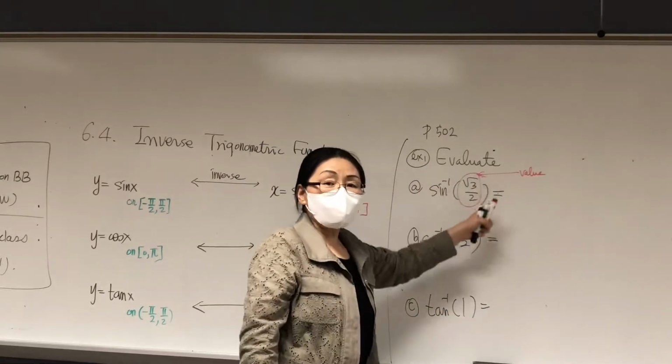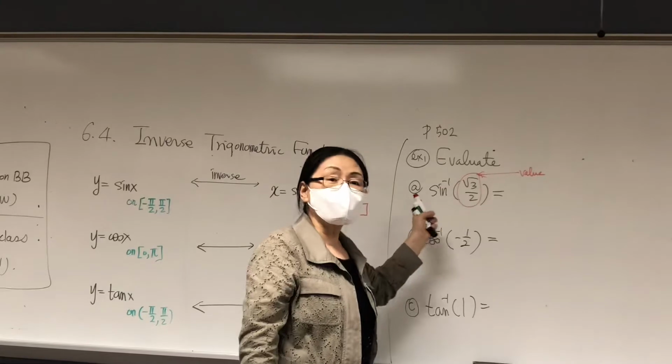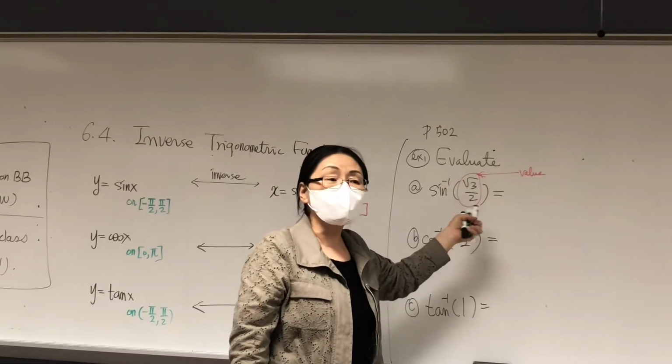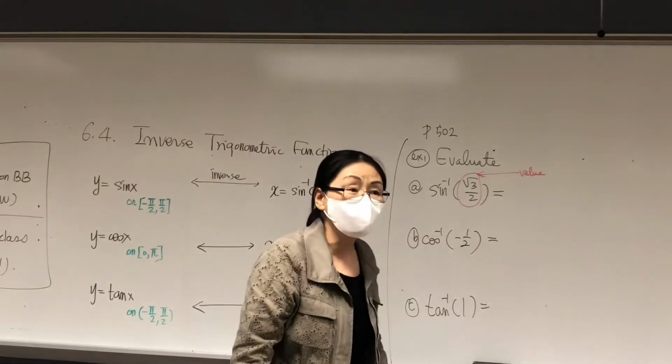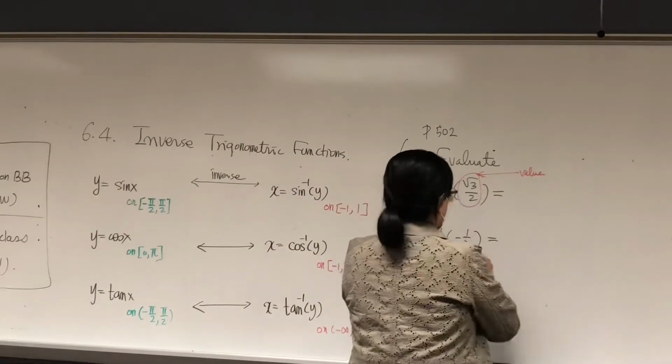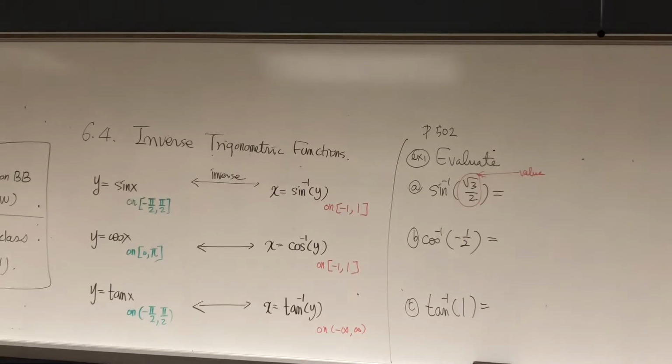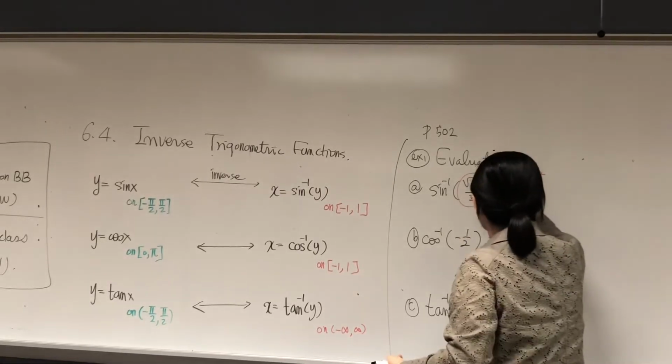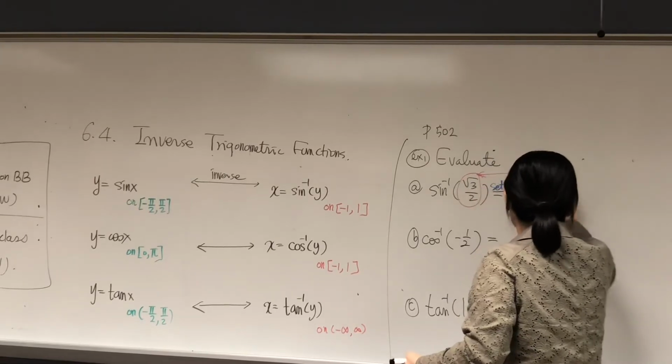And then what does your question mean? This whole thing, sine inverse of square root of 3 over 2, means what? You have to find the angle. You understand? So first job is what? Set this one as x, and then convert.